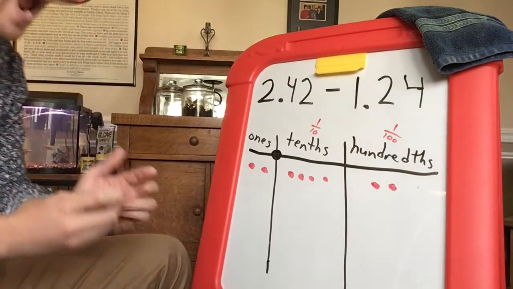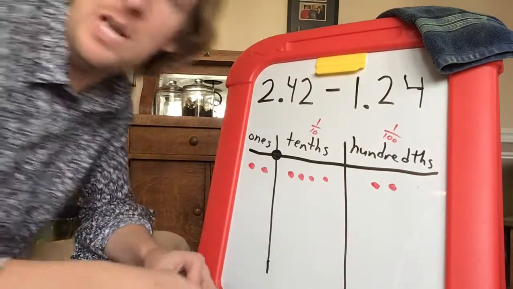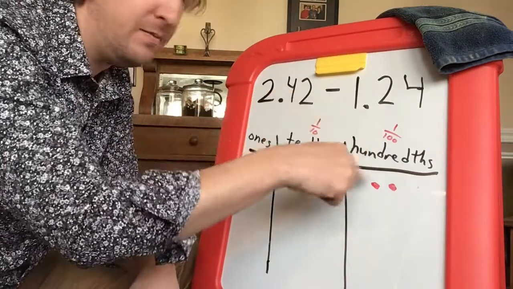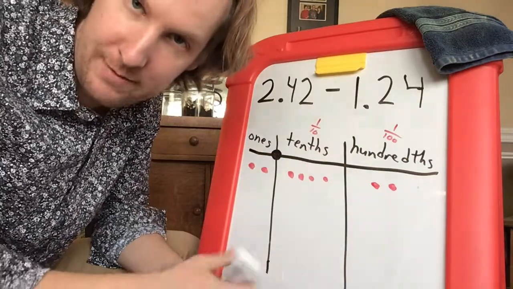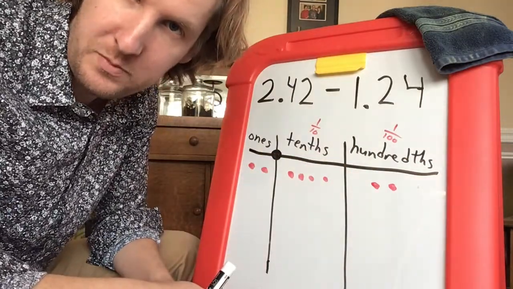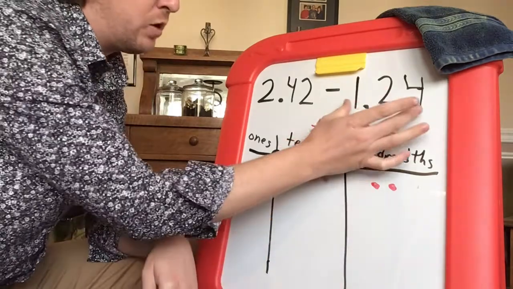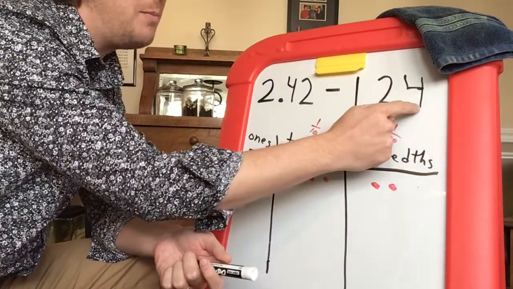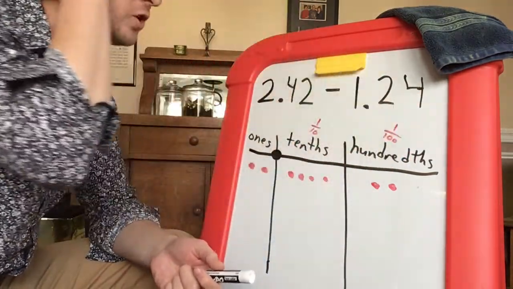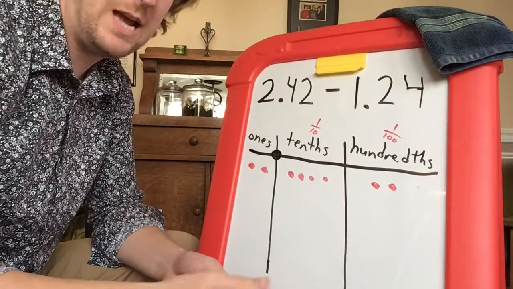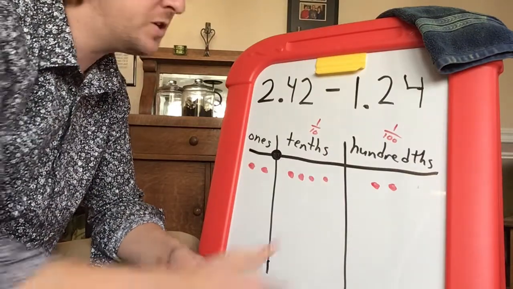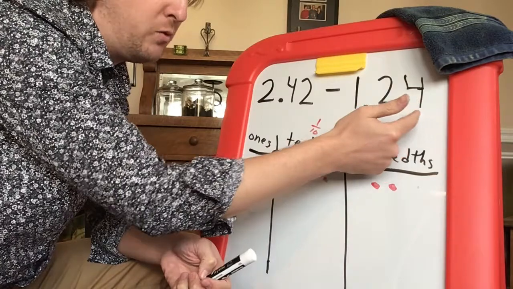Now, when I subtract, I take away. So I'm going to be crossing off my little dots to keep track of everything. Now, what are we removing? Let's start from the smallest value, just like you would start subtracting any other type of problem, at the smallest side and work your way across.